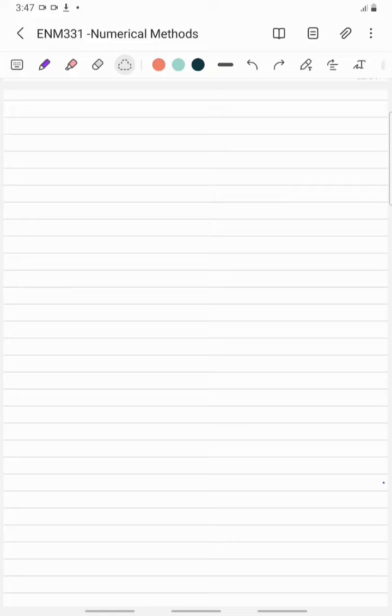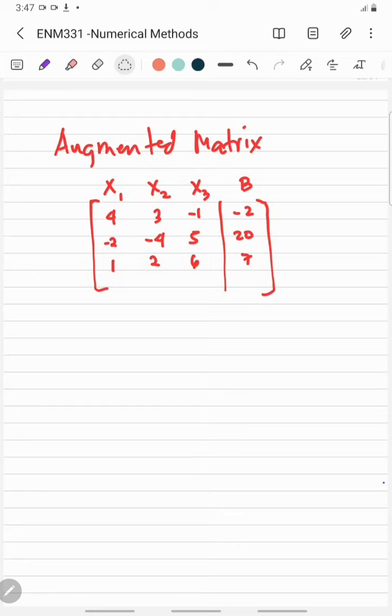Okay, we will now start our computation. We will write our augmented matrix. So this is our augmented matrix. In this problem, we will derive the LU decomposition based on Gauss elimination with row pivoting.